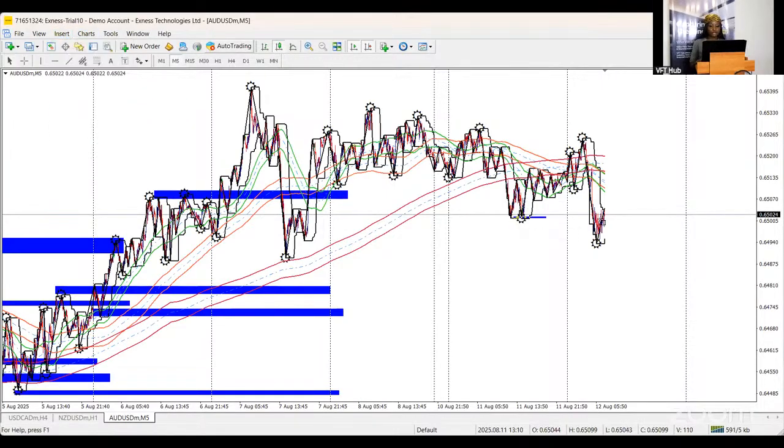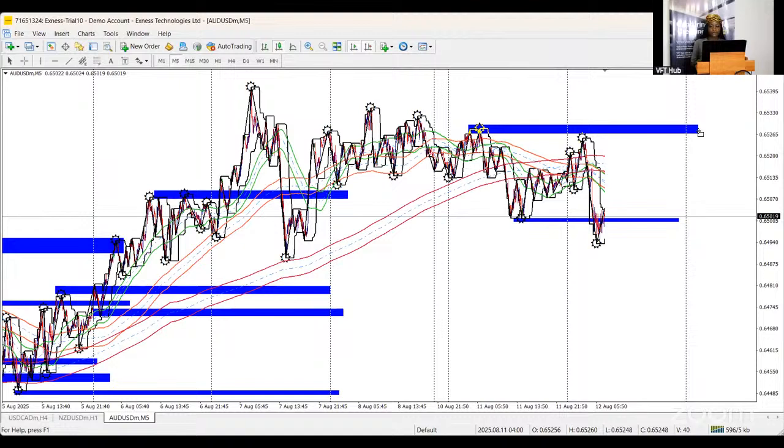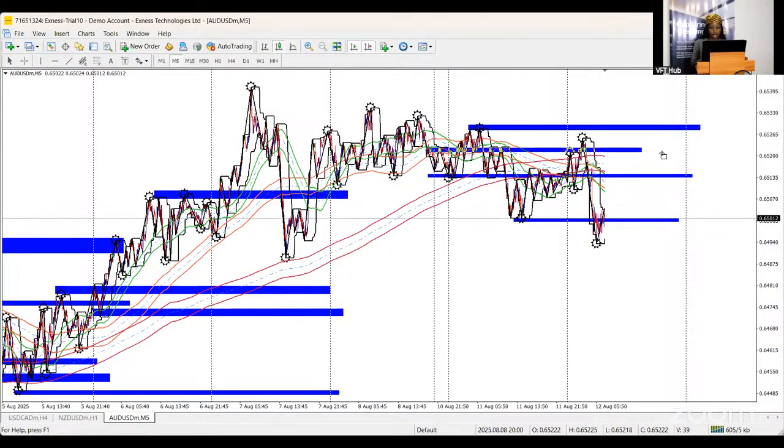The first one being yesterday's low, yesterday's high, day before yesterday's low, day before yesterday's high. So from what we've seen now, does it look like price has broken these zones to the downside? Yes, it does.